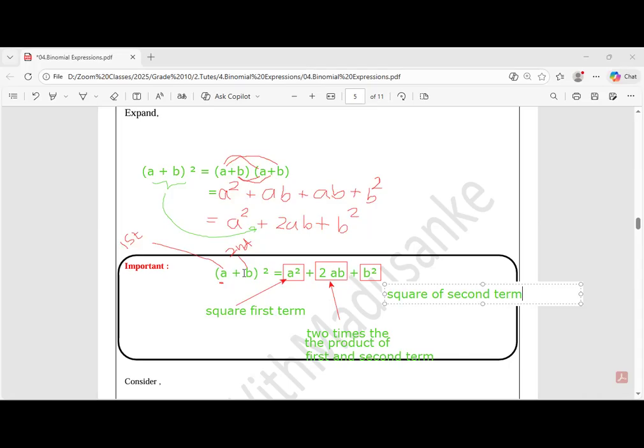If you have a positive sign here, keep that in your mind. So please write this in the book. If you want, you can mention that this is your first term and this is your second term as well, for your reference only, for your knowledge.